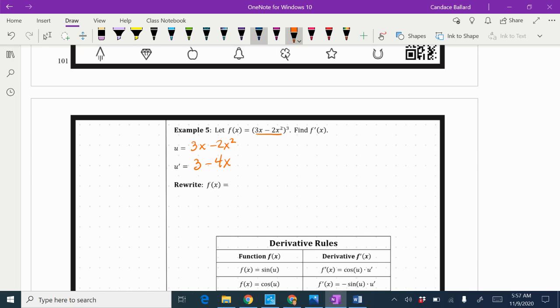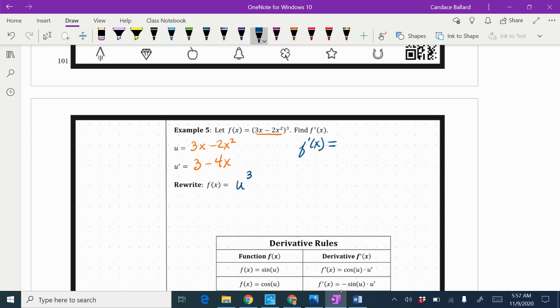Now I'm going to rewrite my f function, and instead of where I have it in orange, I'm going to make it into u. So f of x equals u cubed.